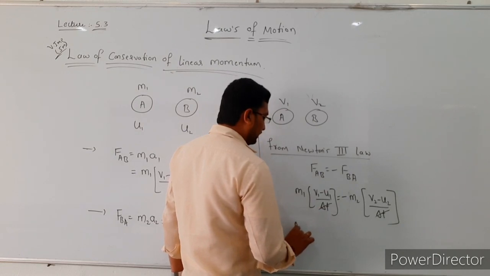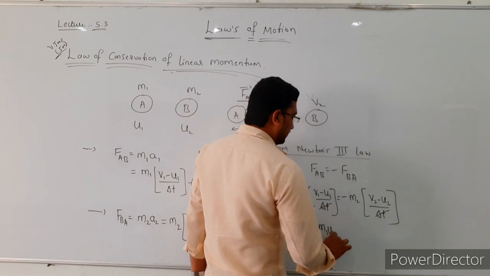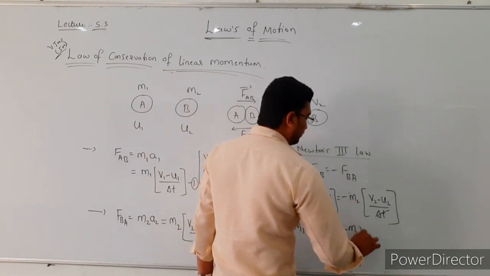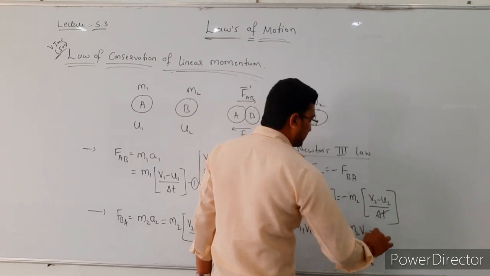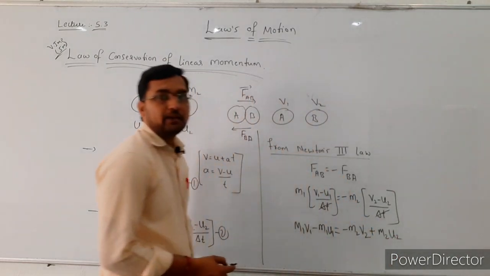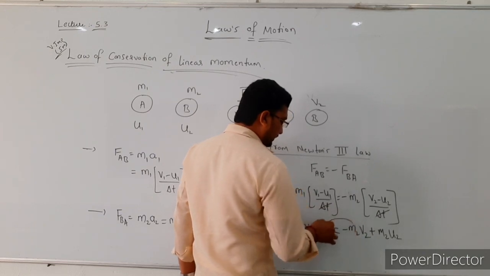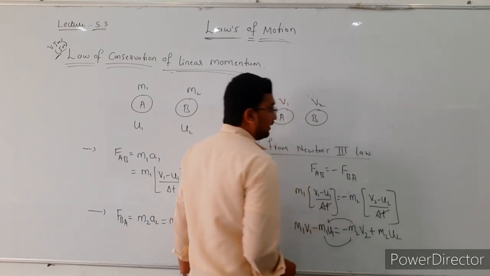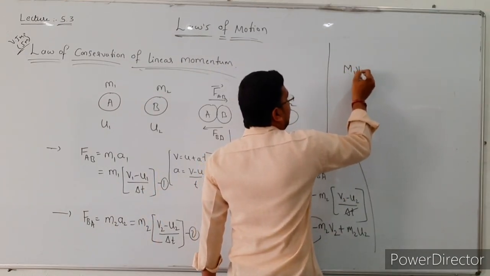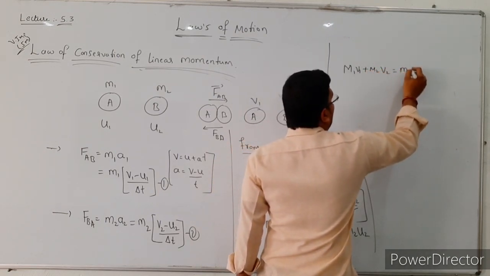Multiplying out, m1 v1 minus m1 u1 equals minus m2 v2, and minus into minus becomes plus, so plus m2 u2. Then rearrange the equation, taking this term to this side and this term to that side.